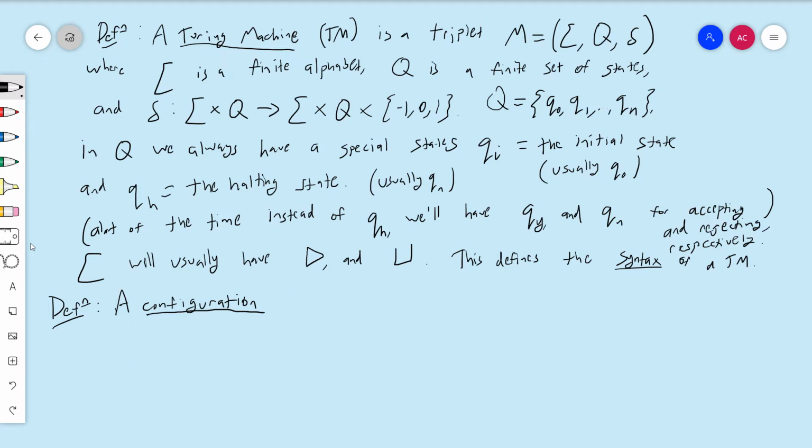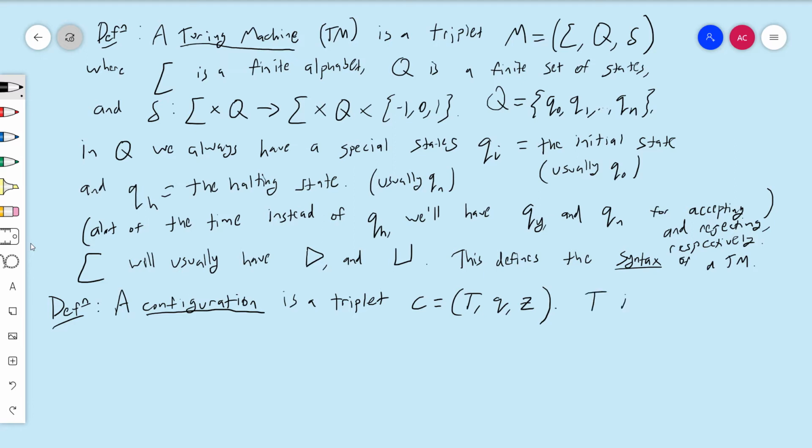So a configuration is a triplet, just like the Turing machine. It's a triplet of objects, but they're different objects. I'm going to use a lowercase c to denote it: (T, Q, Z). So what are these things?